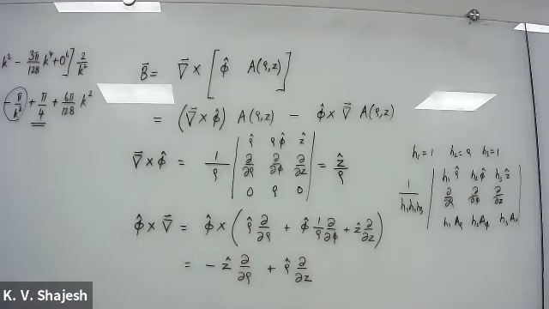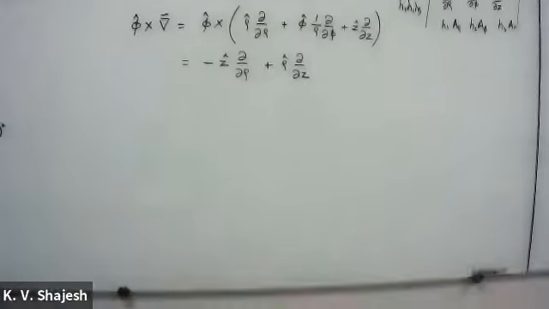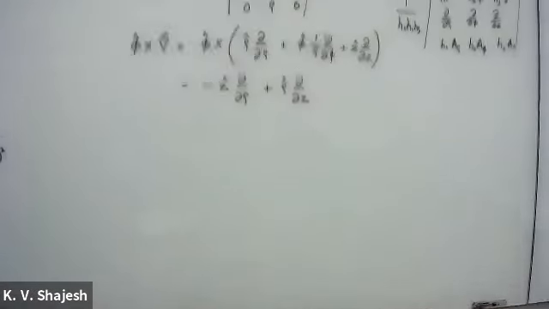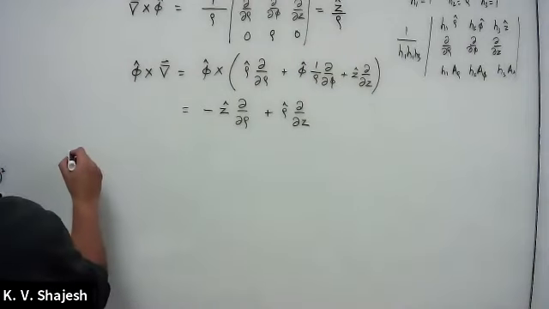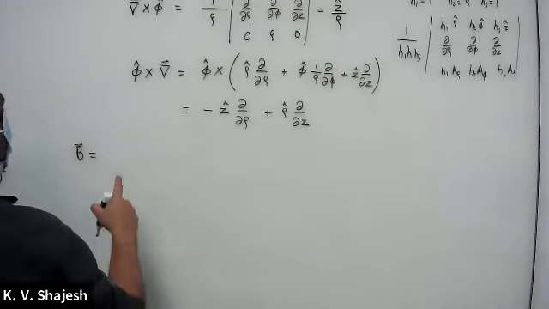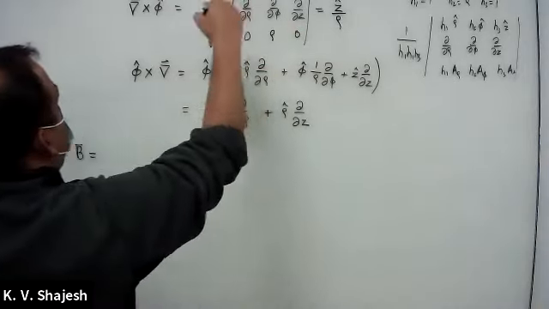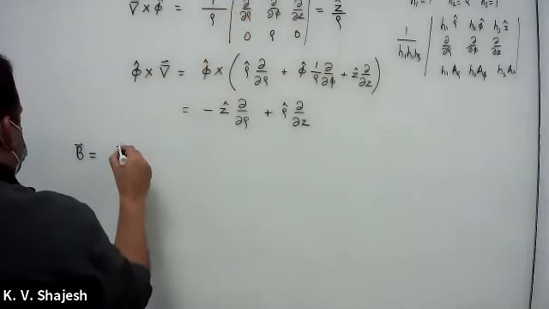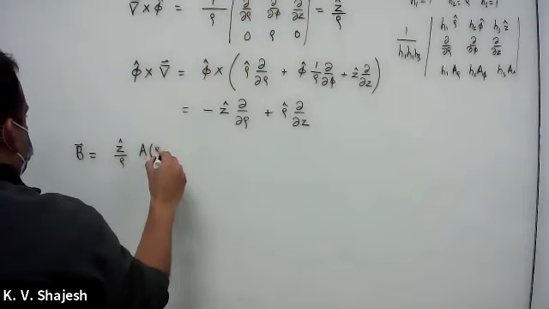Great. So B is equal to the curl of A, where A is equal to phi hat times A of rho, z.